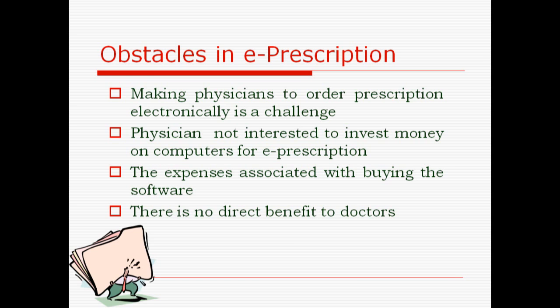The third one is the expenses which are associated with buying the software. That is also a major challenge which is associated. Moreover, there is no direct benefit to the doctors. On doing that electronic prescription part, the doctors are not extra benefited. So that's why these four are the major hurdles or obstacles in the path of electronic prescription.